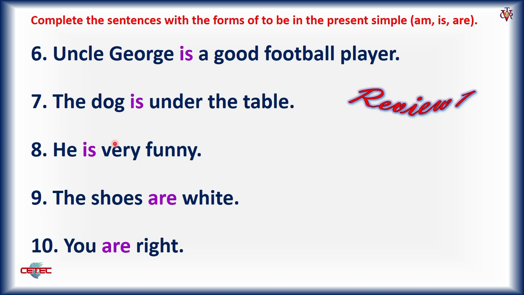He is very funny. A man. Verb to be, is. Number 9. The shoes are white. Shoes, plural. More than 2, are. Number 10. You are right. You, plural or singular, depends on the occasion, but in both forms they use are.